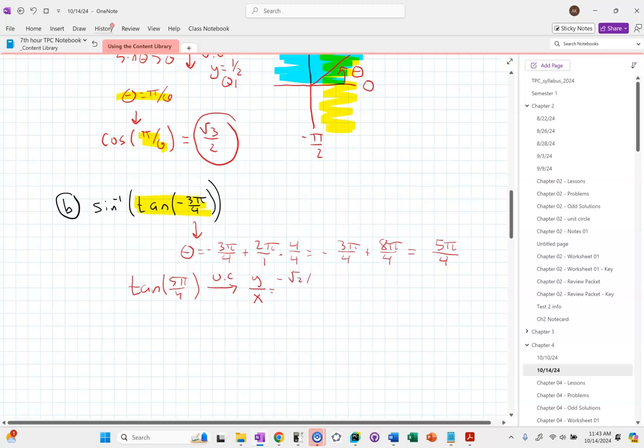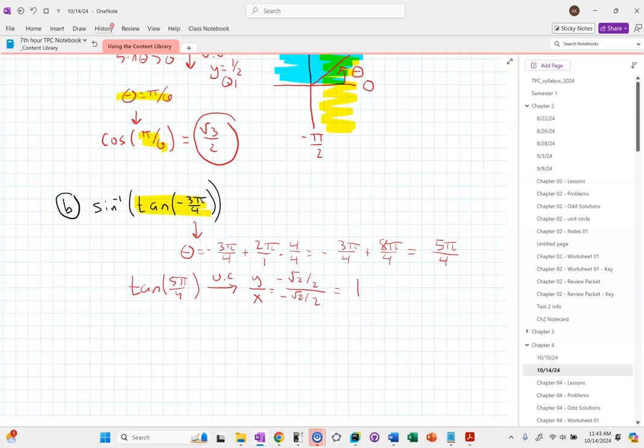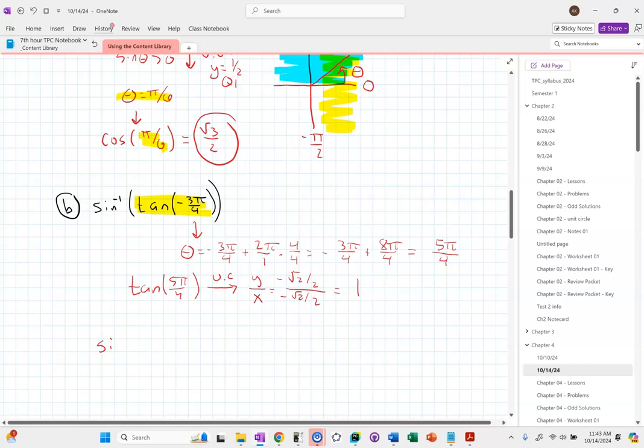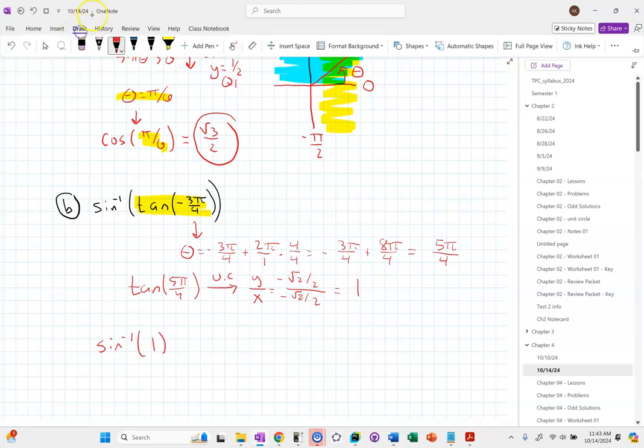Yes. And the x coordinate is? Same thing. Good. And so that simplifies down to 1, right? Like 5 divided by 5 is 1, right? Okay, so now we're at sine inverse of 1.